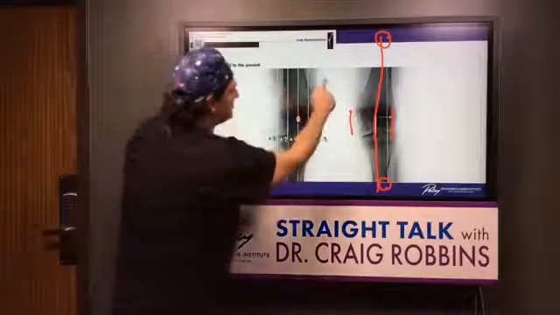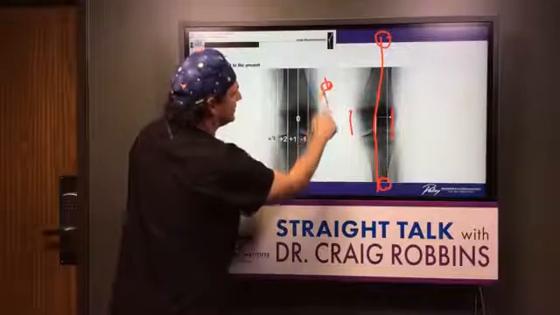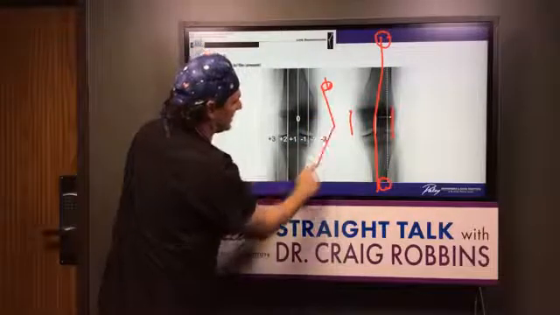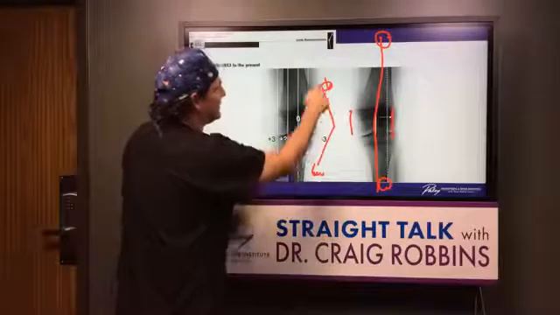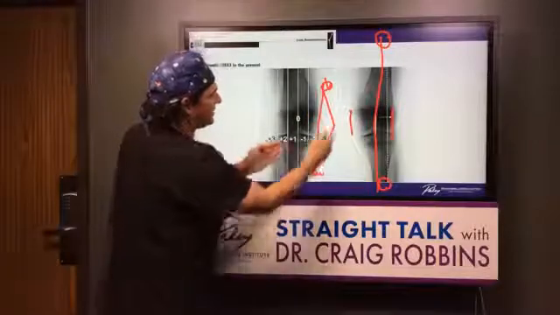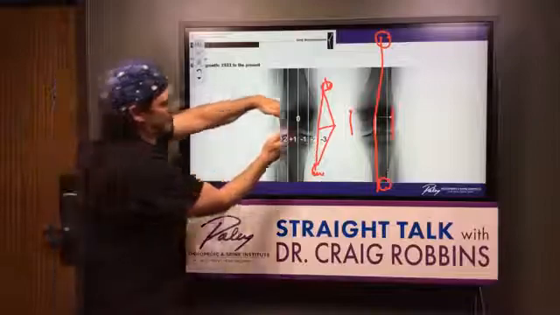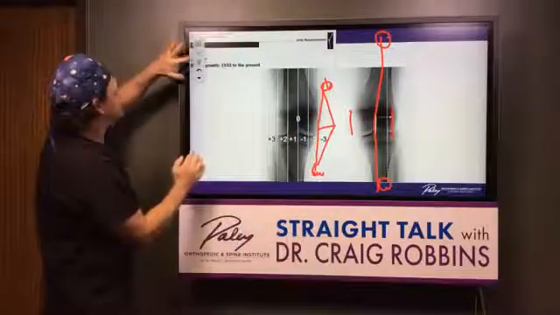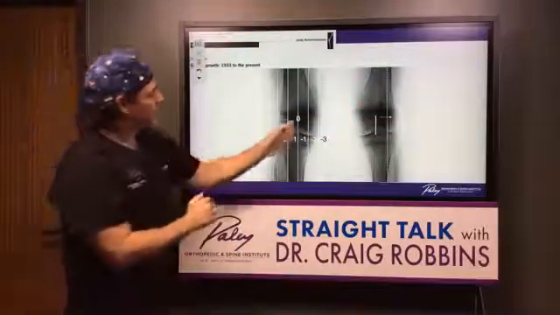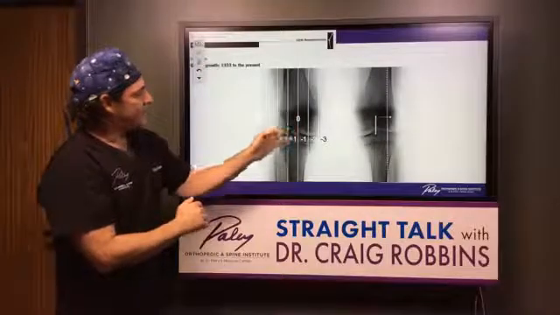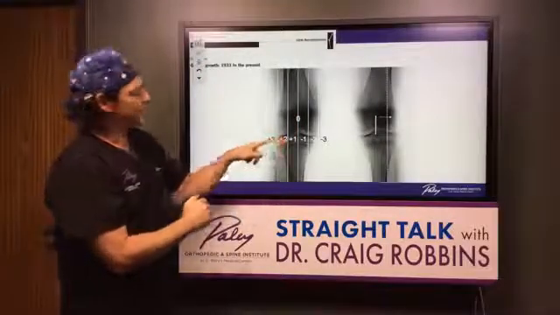If the leg is shaped a little bit like this, and we draw that line, we can see that that line is coming on one side of the knee or the other side of the knee. And we can talk about where that weight-bearing line passes through the knee, and we divide the knee into quadrants.